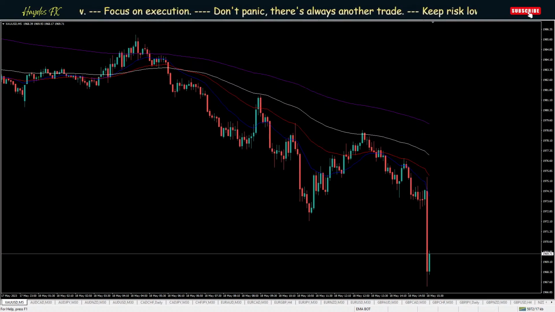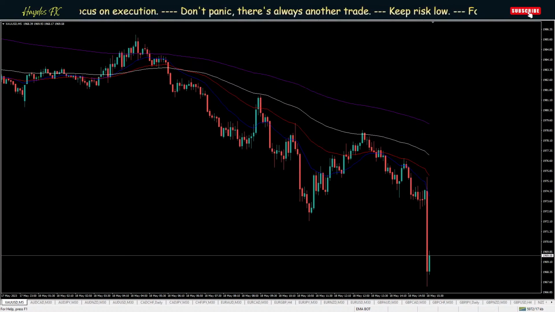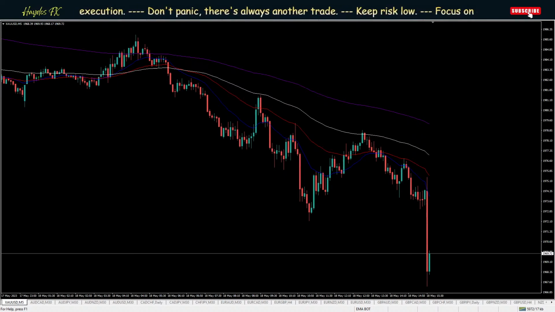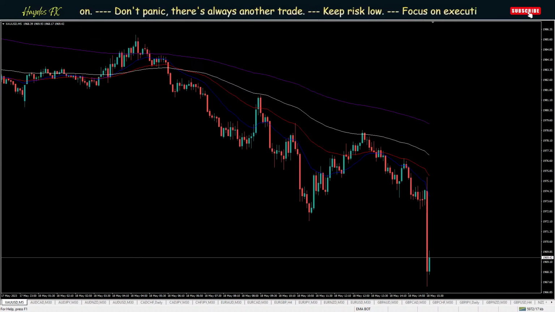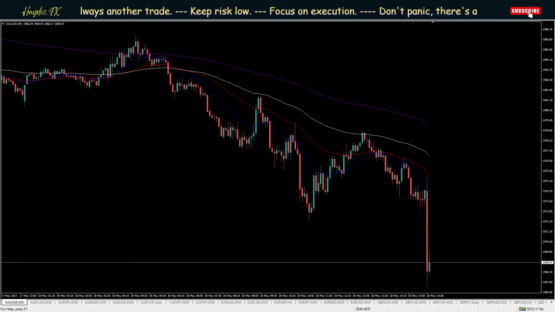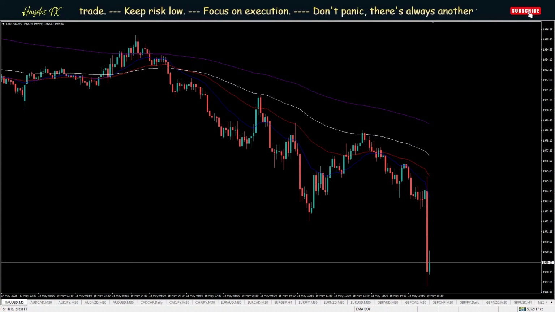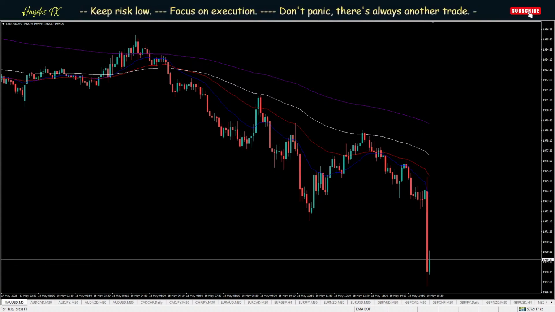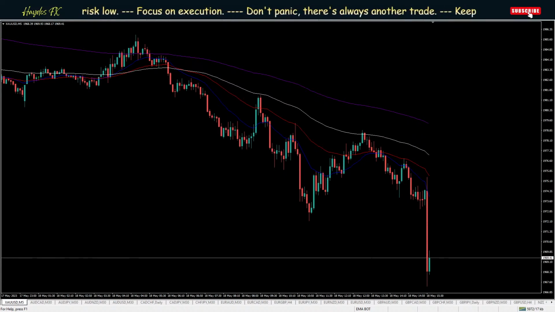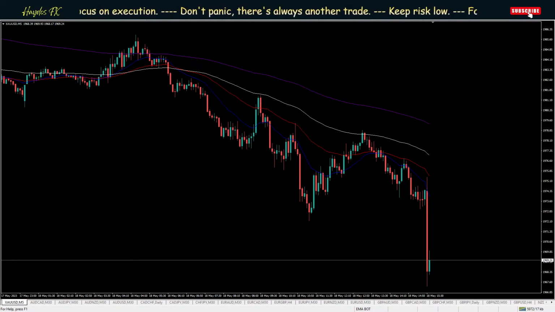Let me bring up MT5. So MT5. There it is. So this is the receiver. It's not all set up.